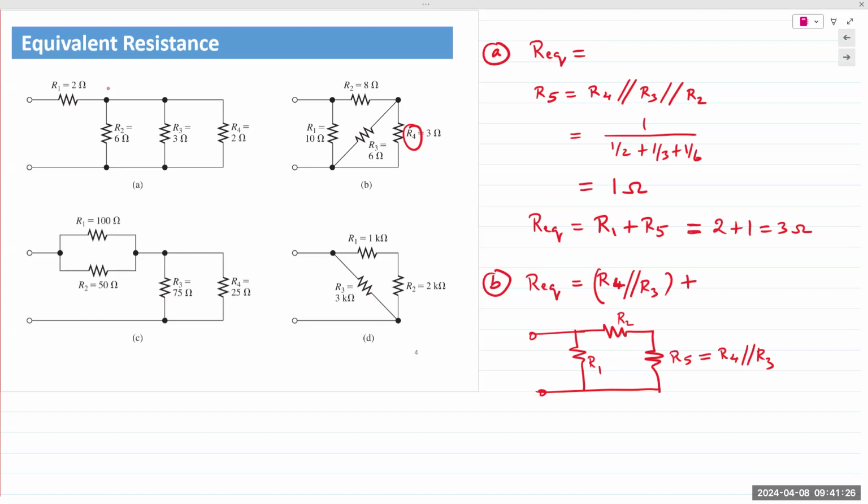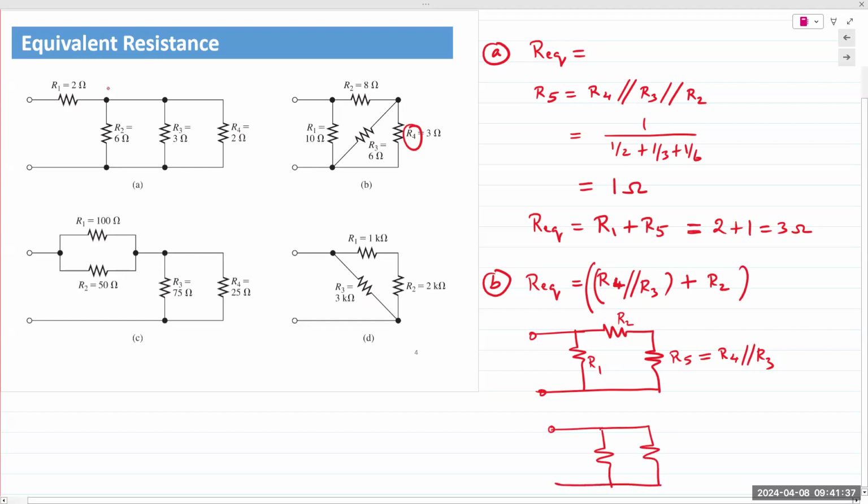We have a series with R2. And then what? In R1. So R6 is R2 plus R5, so it's in series, and then finally the entire network of 3 resistors is in parallel with R1.